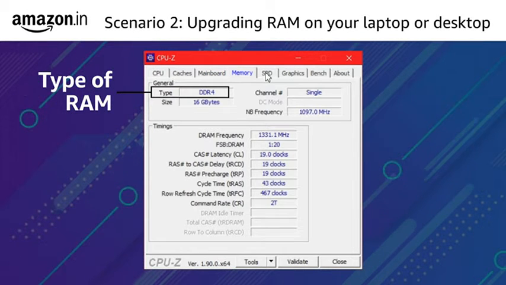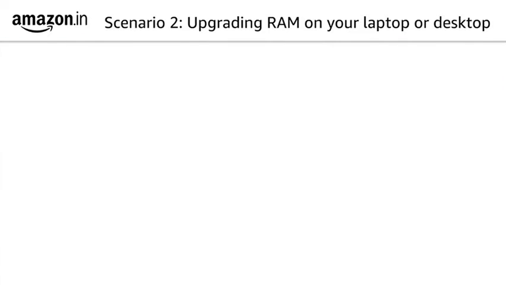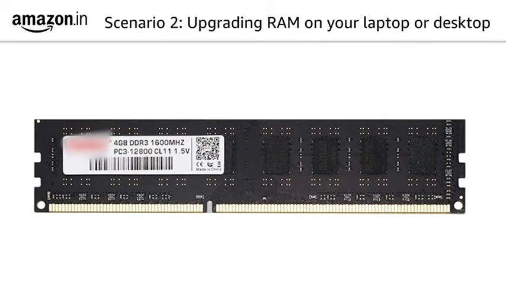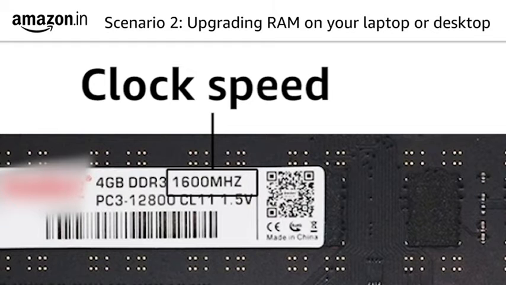Once you've determined what type or generation of RAM you need, the other important spec to keep in mind is the clock speed. Clock speed of a RAM is usually denoted in megahertz. When getting new RAM or adding more RAM to a desktop or laptop, make sure that the clock speed matches what's already in your system. This ensures maximum compatibility. For ascertaining the clock speed too, you can use CPU-Z.